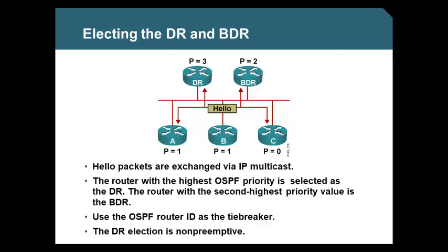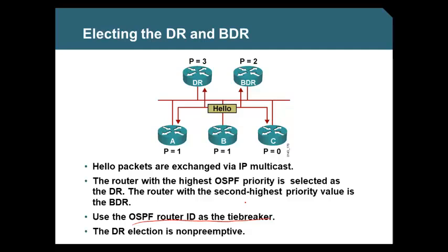The router with the highest IP address becomes the router ID. Sorry, becomes the DR. The router whose router ID is big, the big IP address, becomes the DR, and the second biggest becomes the BDR.